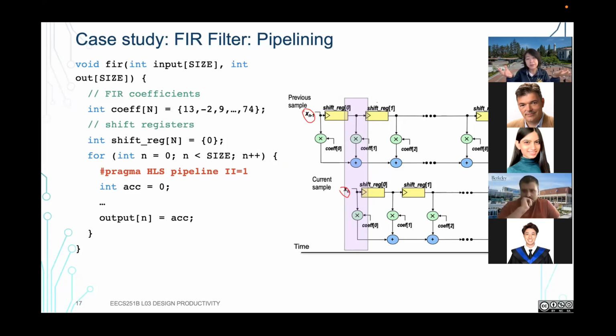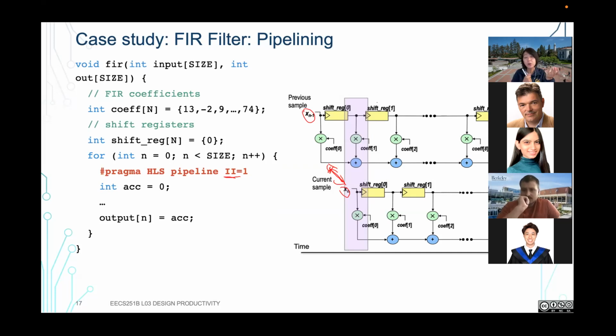Again, all of those have very clear hardware meanings, and here there is this II. We basically always want II to be 1, the delta between iterations being 1. Sometimes I see other people design with an II of 2 or 4, but it's typically not ideal. In general, we want II to be 1, meaning the interval between different loop iterations is 1, to get a fully pipelined design.